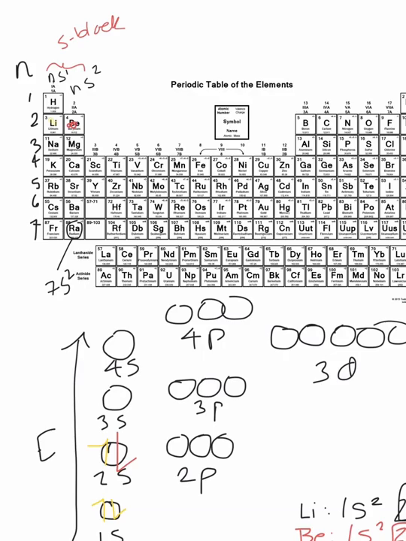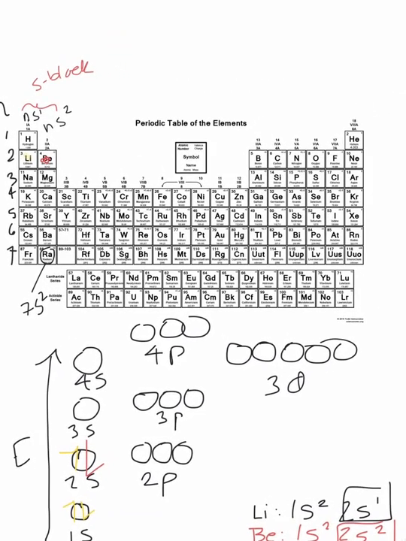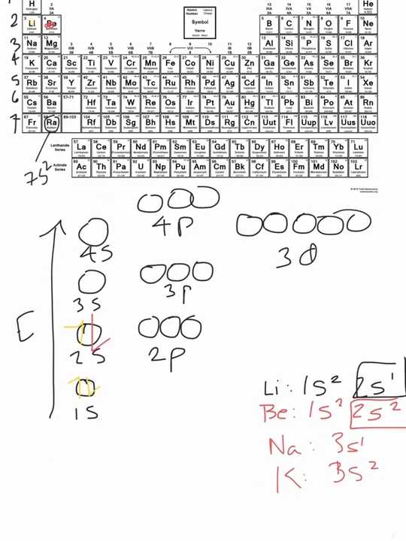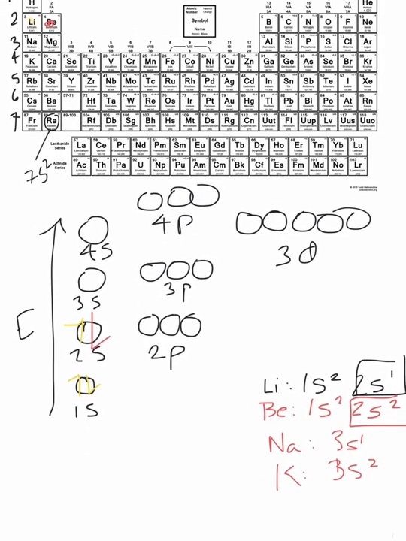So now let's progress over to the p block. This is going to be over to groups 13 to 18. So let's look at the element boron. I'm going to erase sodium and potassium down here. There we go.